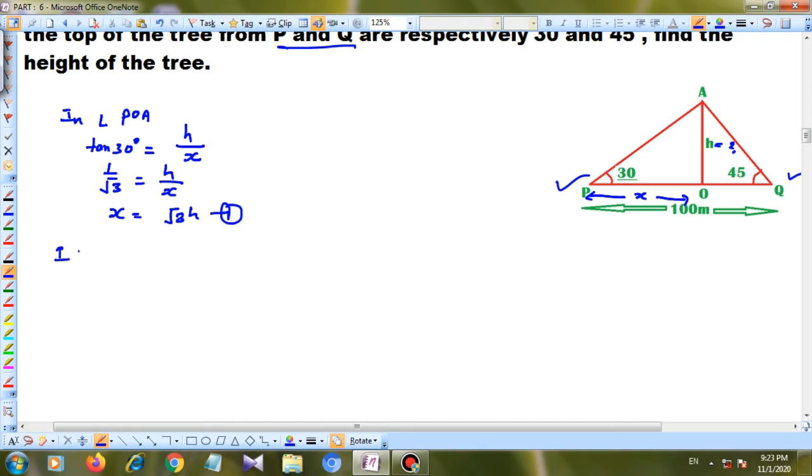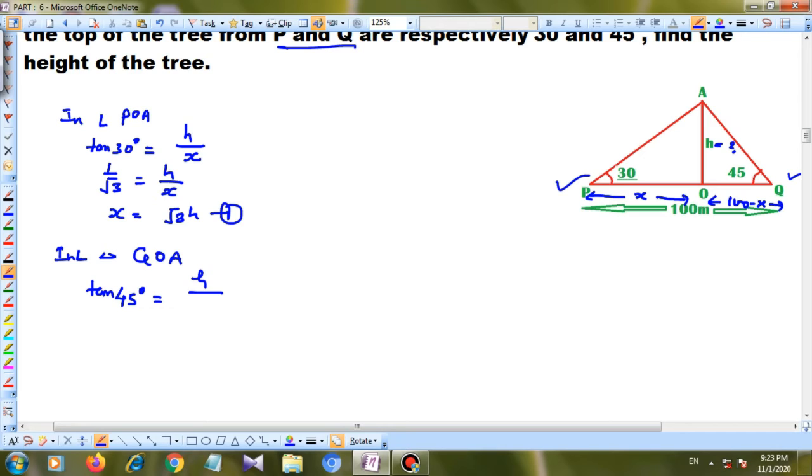Now in right angle triangle QOA, tan 45 equals h upon, if OP is x, then OQ will be 100 minus x, right?